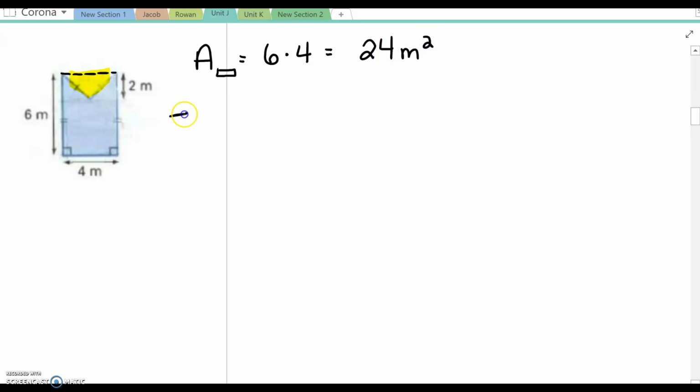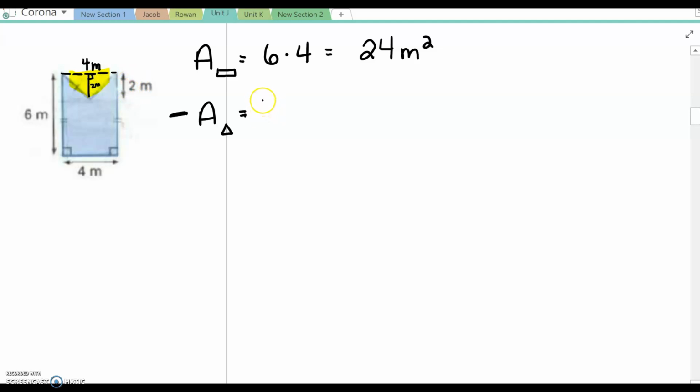And then I'm going to subtract the area of the triangle, which is base times height divided by 2. If down here is worth 4 meters, then up here is worth 4 meters. And they're telling me that perpendicular to that base is 2 meters. So my height is 2 meters.